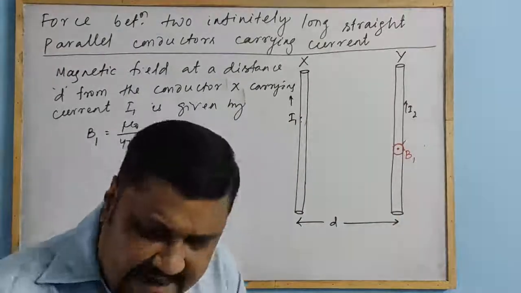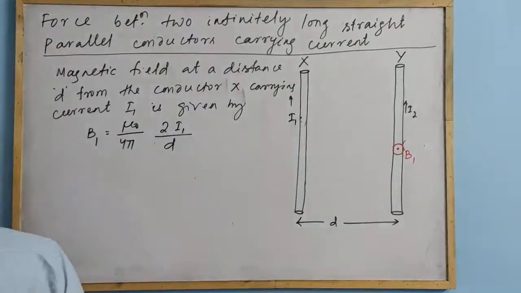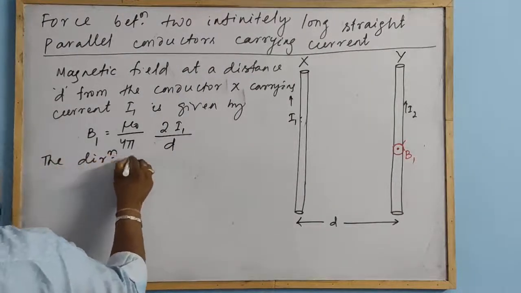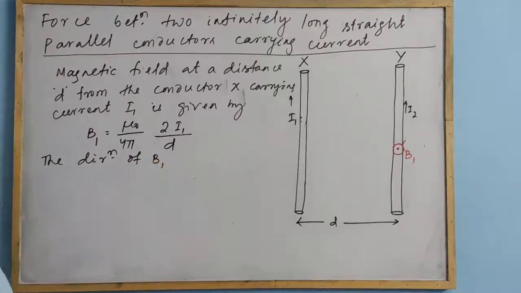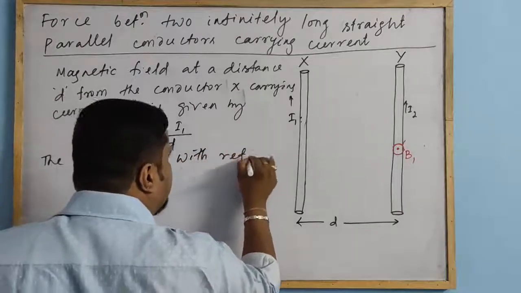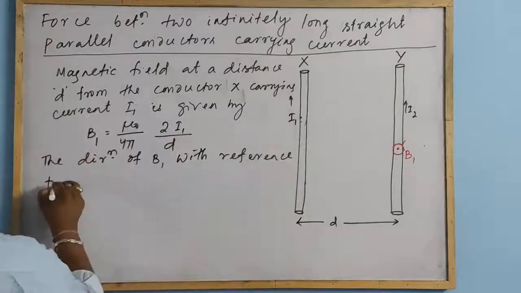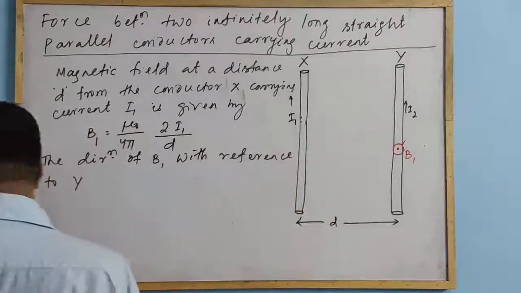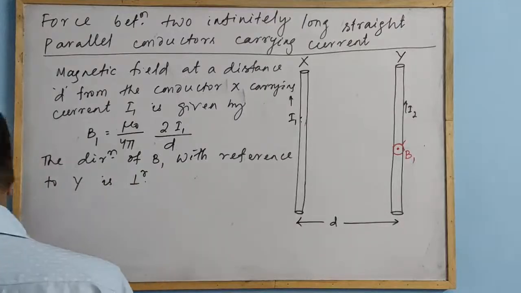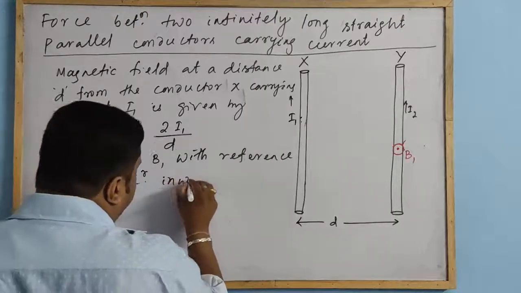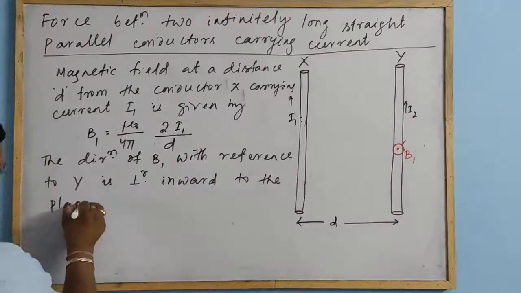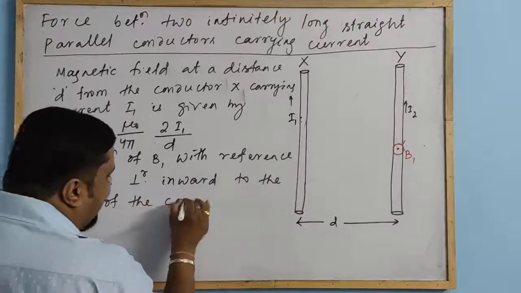Perpendicular inward. So let me write the direction. The direction of B1 with reference to Y is perpendicular inward to the plane of the conductor.